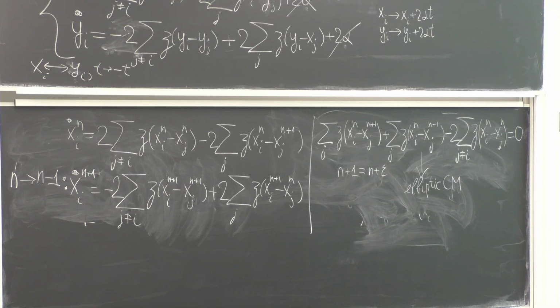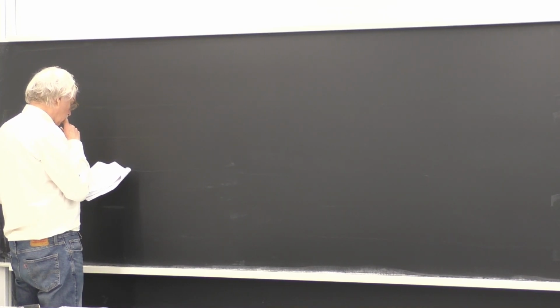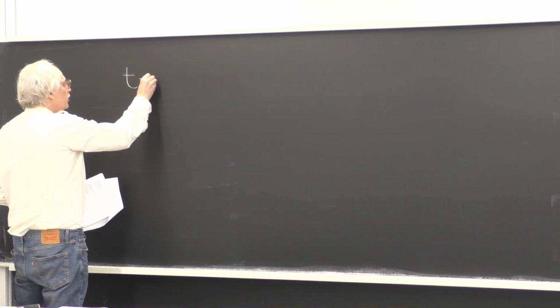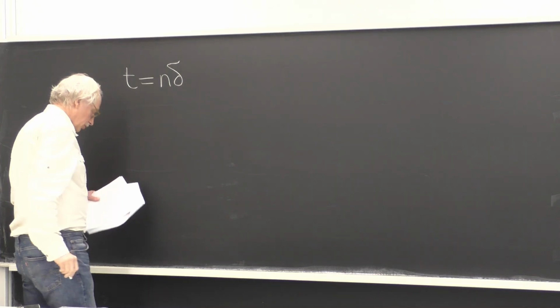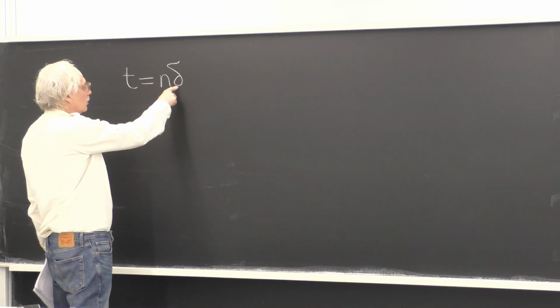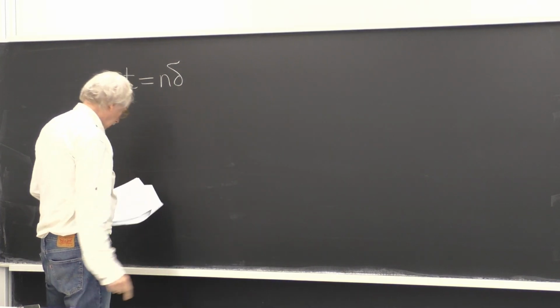So let me show some details of the continuum limit, because it is not very direct. It requires some... set t equal to n times delta, where delta will be initially put equal to 0 in the limit.